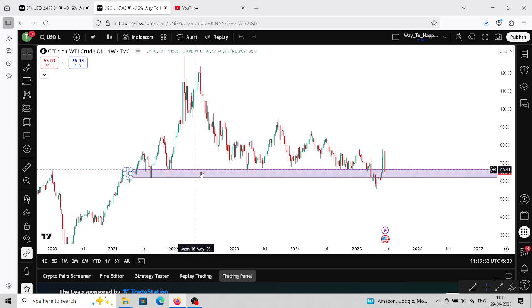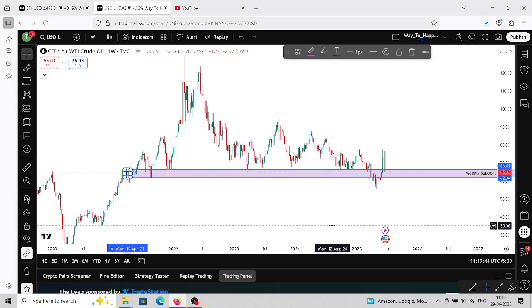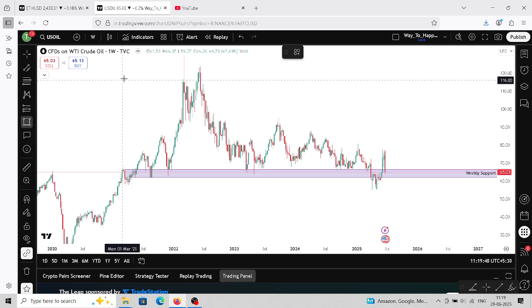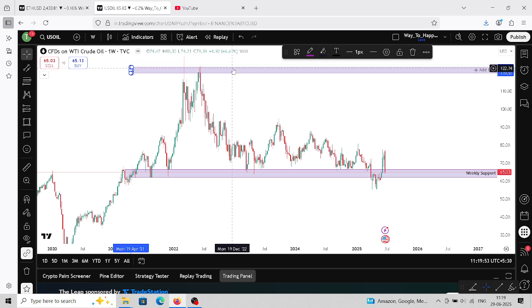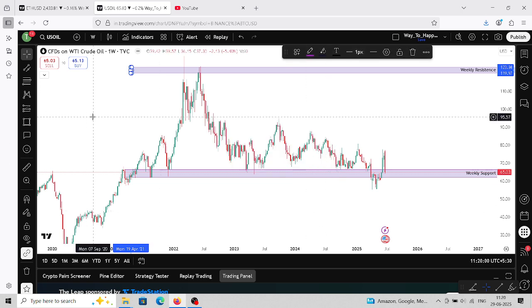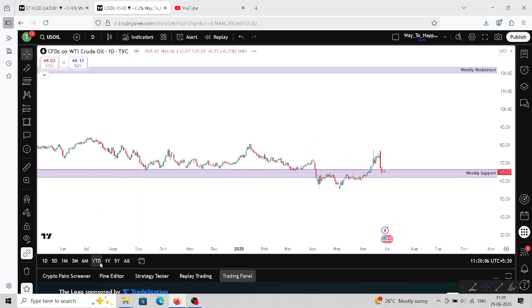So this is definitely my weekly support. The US oil, where it is standing currently, it is standing on a weekly support. And this is a weekly resistance, although it went for the news. So weekly resistance.